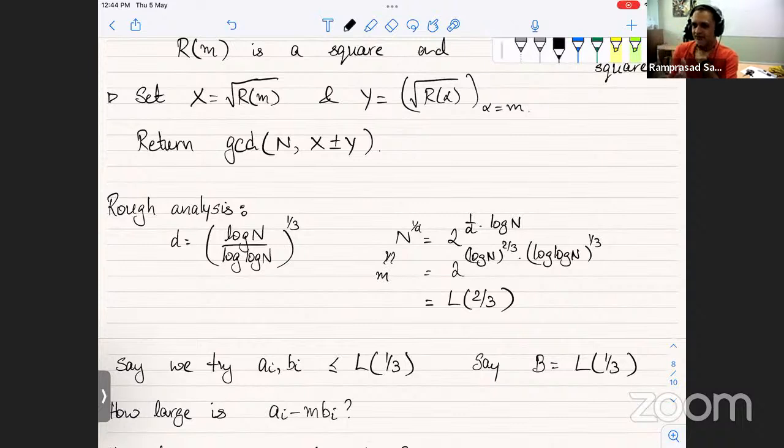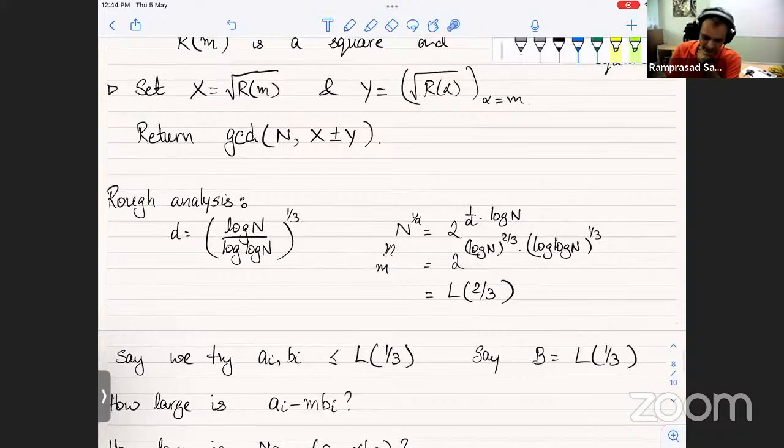Now, AI is at most L 1/3, BI is at most L 1/3. This M is like L 2/3. So this is roughly going to be like L 2/3, which is like, again, n power 1 over d.